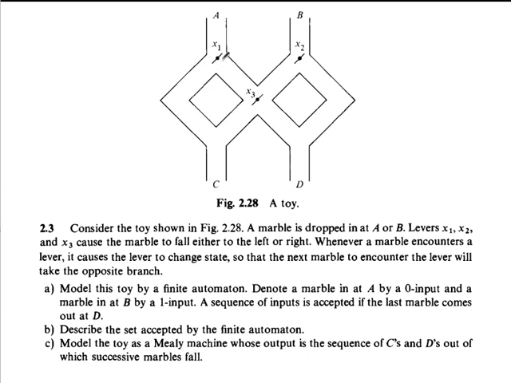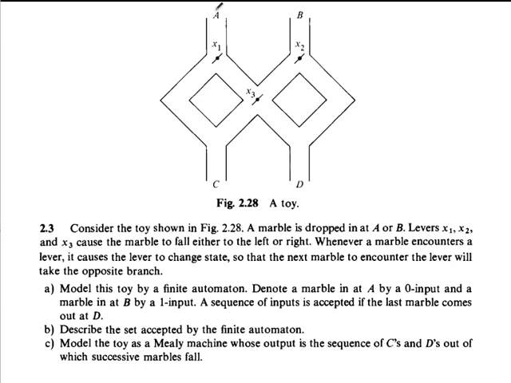So the current orientation of a switch determines where the current marble is going, and once it is hit, the position is flipped, and that happens for all these three levers. Okay. And so given this, what sort of input can you provide?